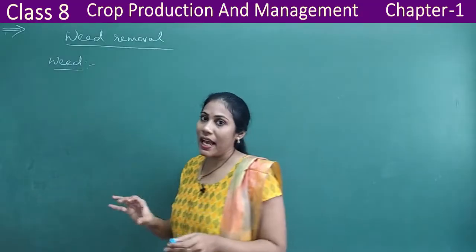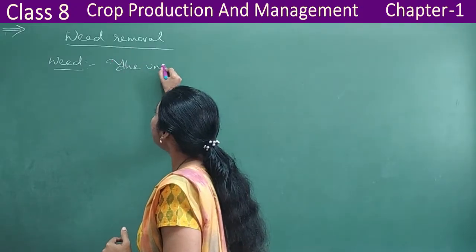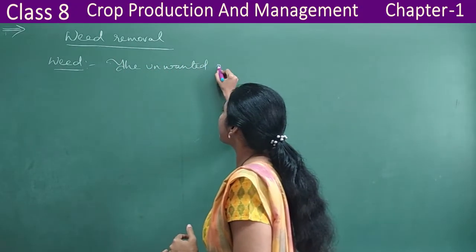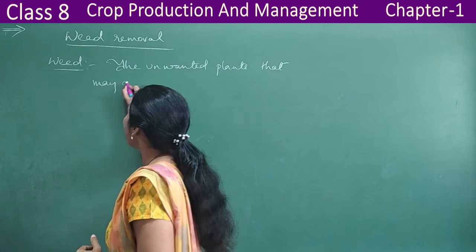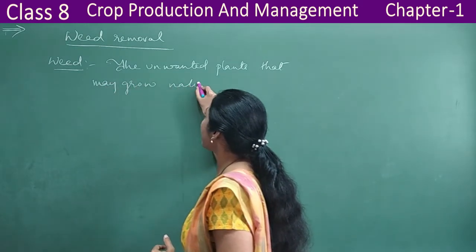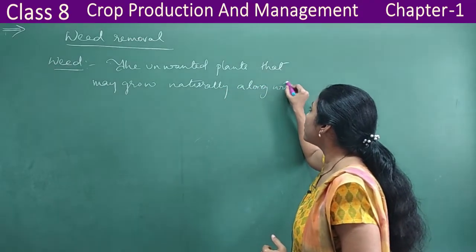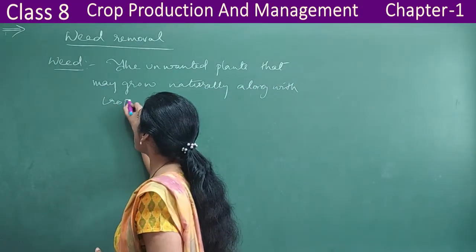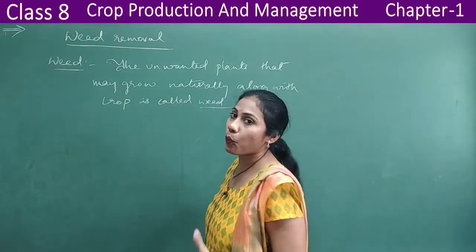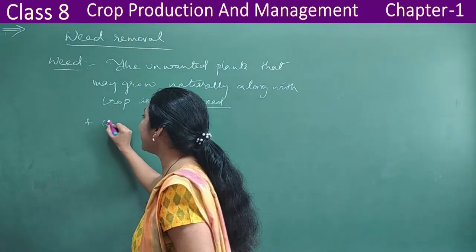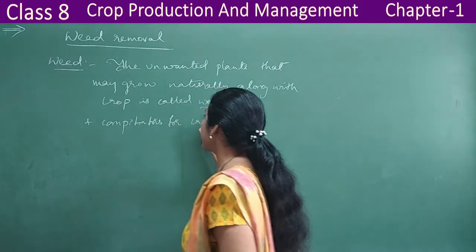Let me write the definition here. The unwanted plants that may grow naturally along with the crop are called weeds. So they are like competitors for crop plants.